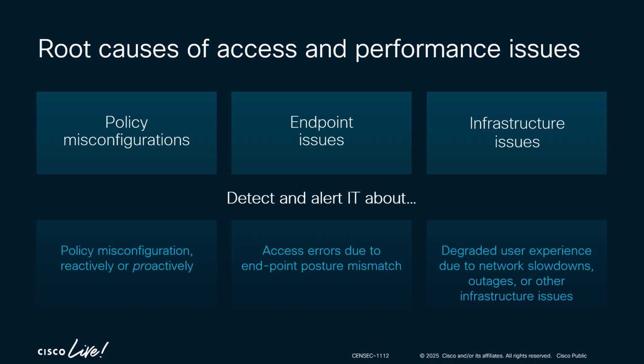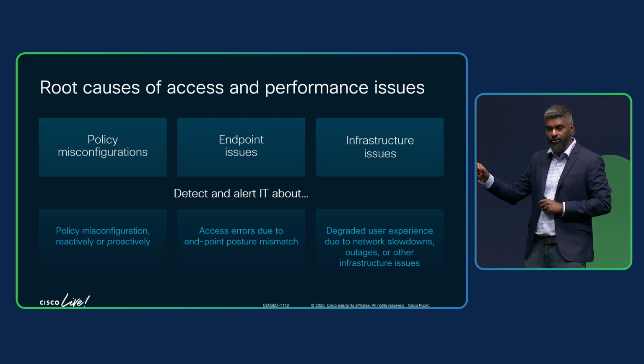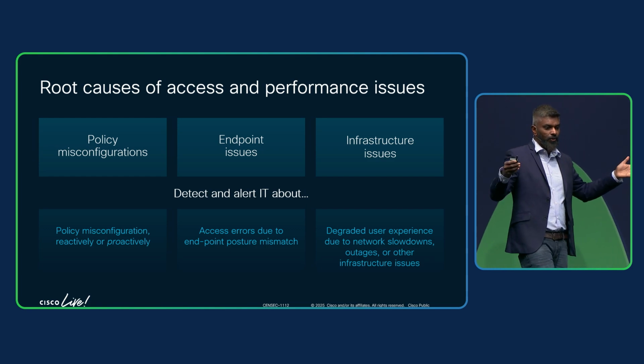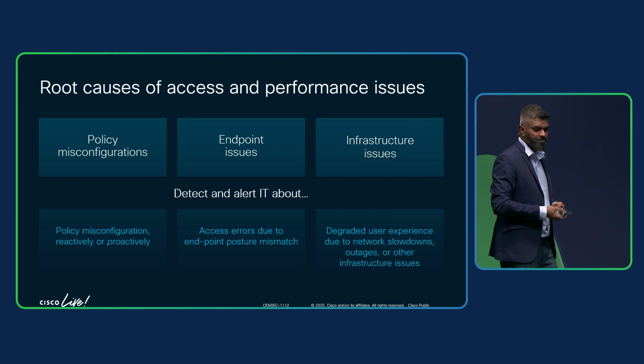The second one is around endpoint issues. So things like what I described earlier, like, hey, my user is complaining that I'm not able to get on the network, or I'm experiencing slowness from a SaaS application, and so on and so forth. And then lastly is infrastructure issues, like degraded user experience where it's actually the SaaS application itself, right? How do we look for all of these different areas?